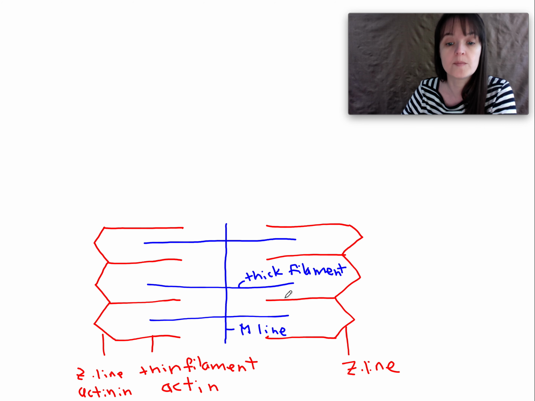And the thick filaments are made mostly of? They're made of myosin, except for the central core of titin.